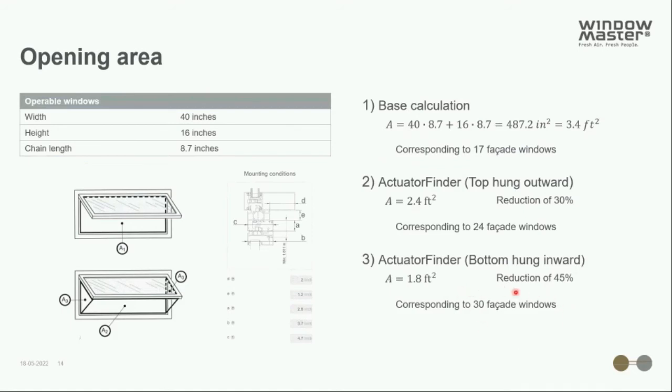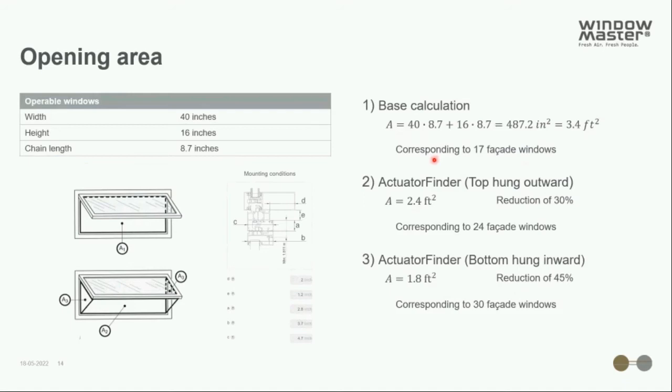So as you can see, the method by which we calculate the opening area of a window will have a huge impact on the performance and on the final design of our building. Because if we just calculate the opening area of our windows based on this base calculation, then we will in fact end up with an under-dimensioned opening area for our building, and the ventilation performance will be too low.